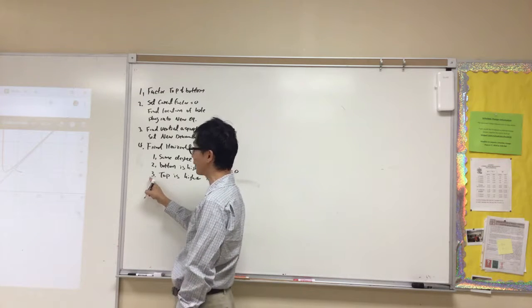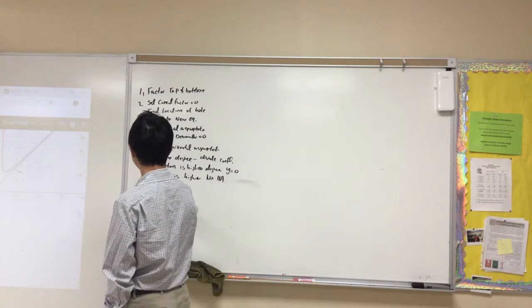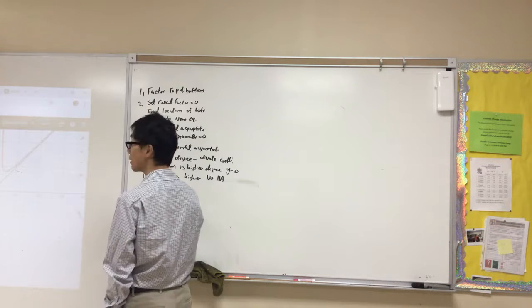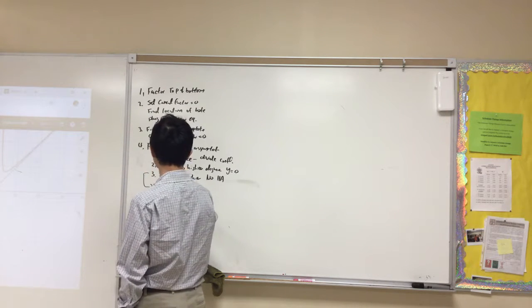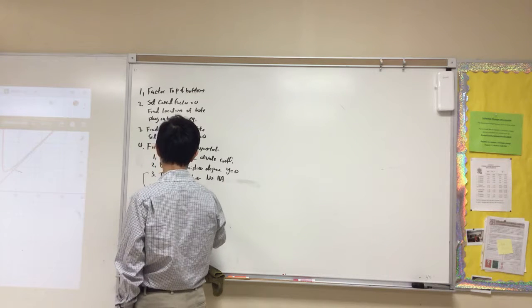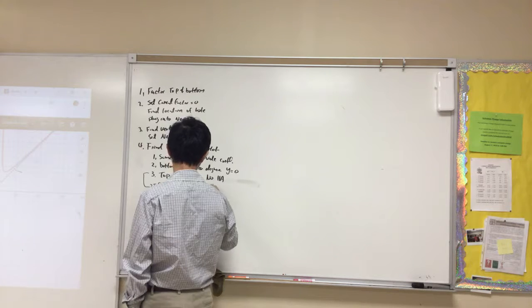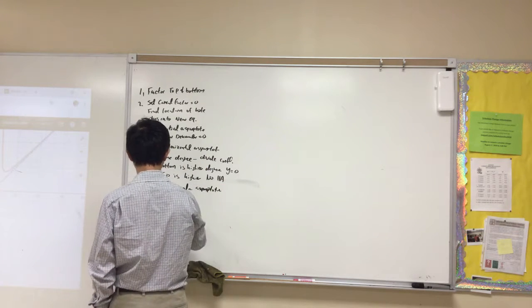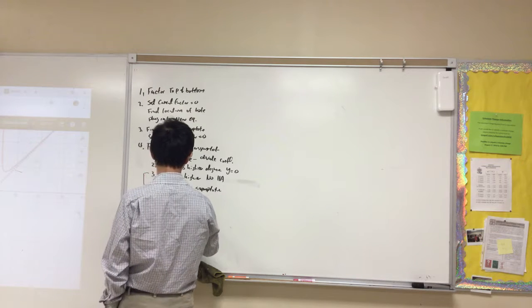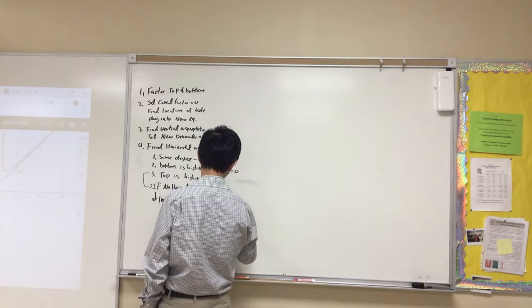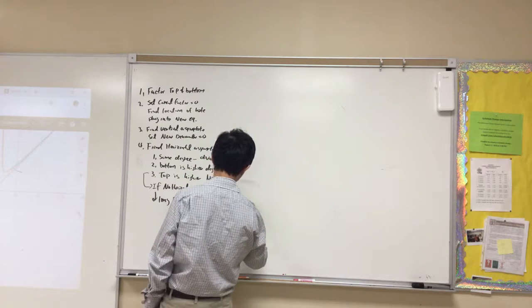if there's no horizontal asymptote, what do you do? You should check long division, to check for a slant asymptote.